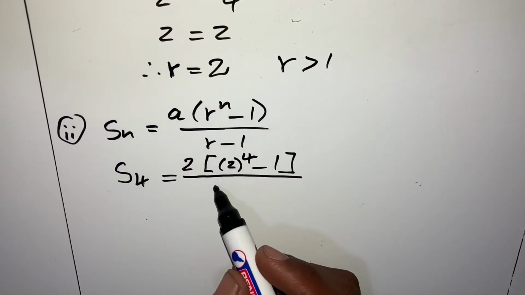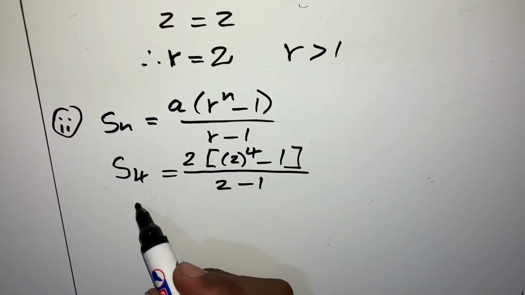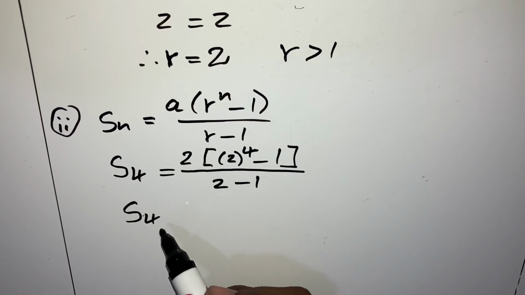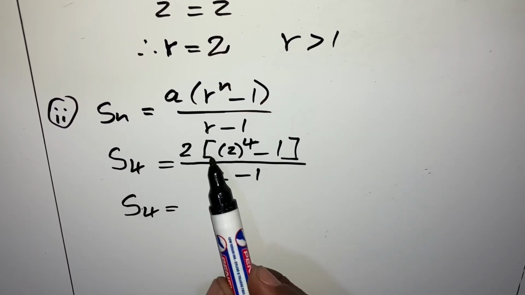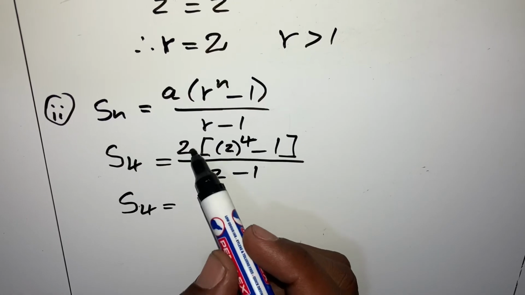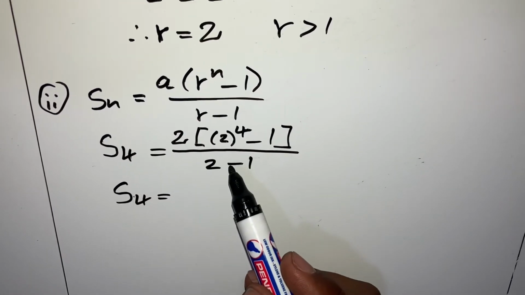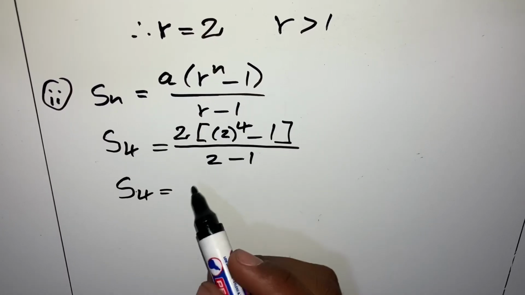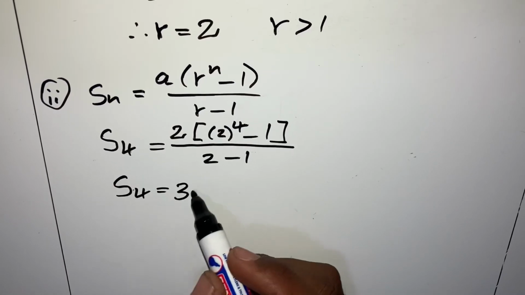Our R is 2, subtracting 1. So for the sum of the 4 terms, you will go on to punch this exact thing on your calculator. Then you will find that the sum of the first 4 terms is 30.